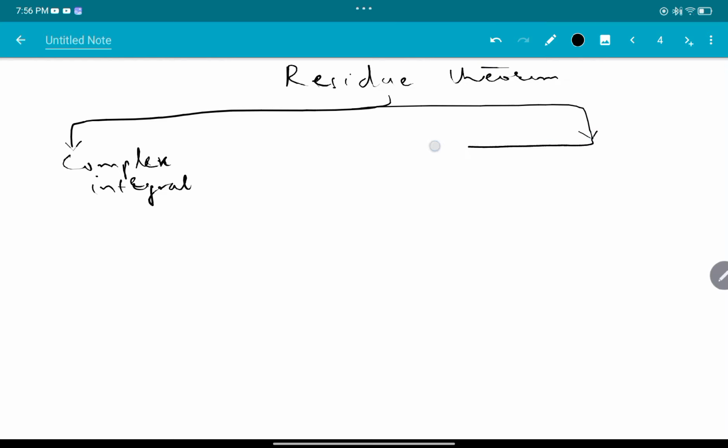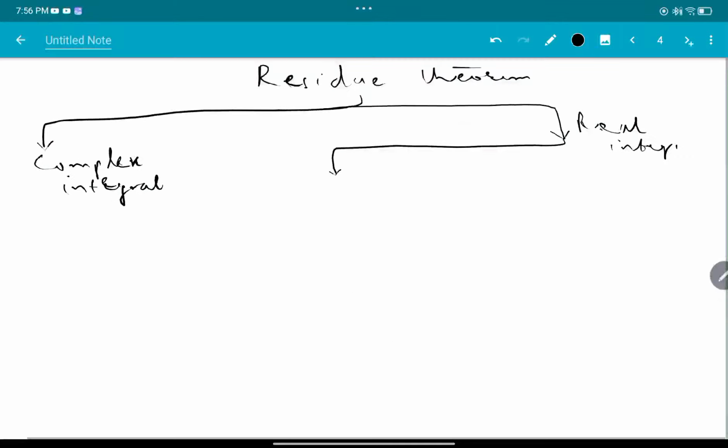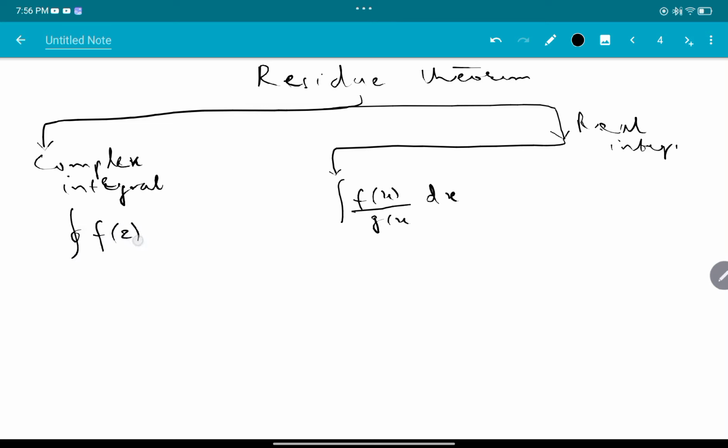We will take up two types of these real integrals. One will be this type, a rational function f(x) divided by g(x), dx. Now I have changed from z, this is f(z) dz, to here f(x) over g(x) dx, real.